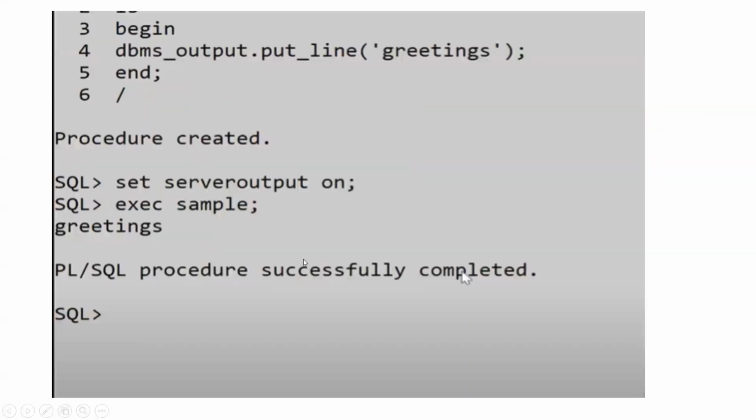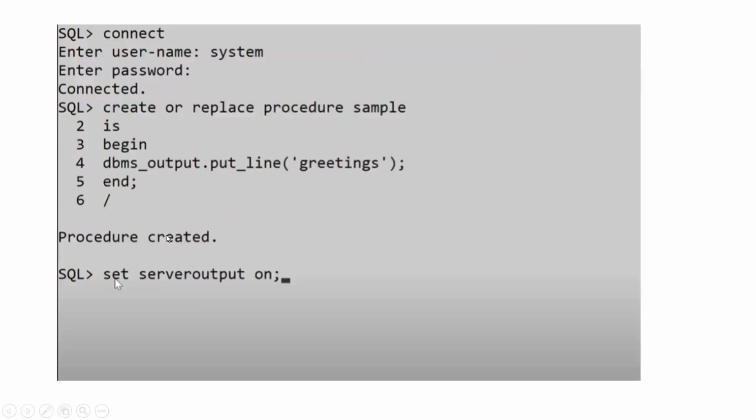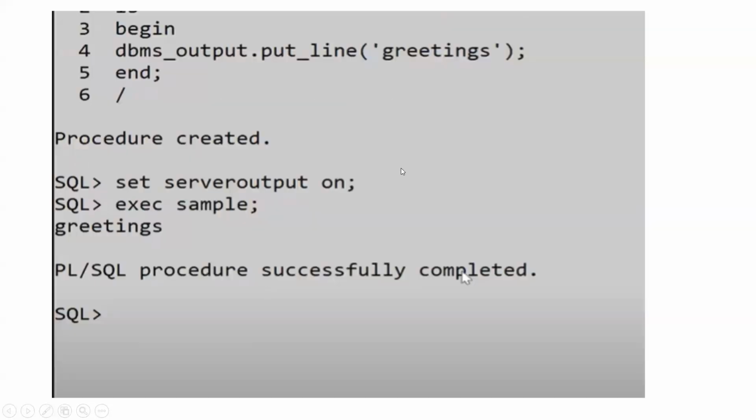Now I want to execute this program. You have typed this program and want to execute it. What do you have to do first? You have to type SET SERVEROUTPUT ON first.